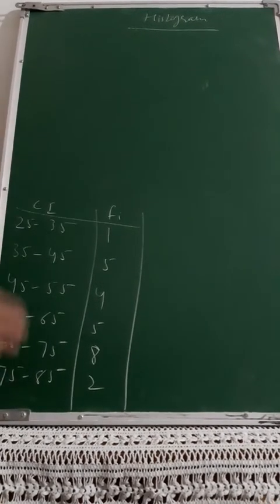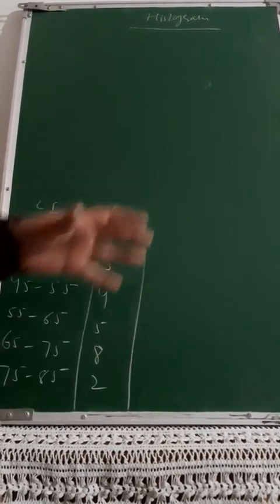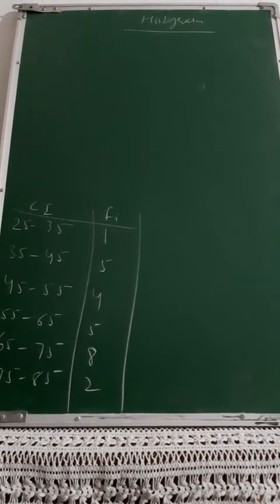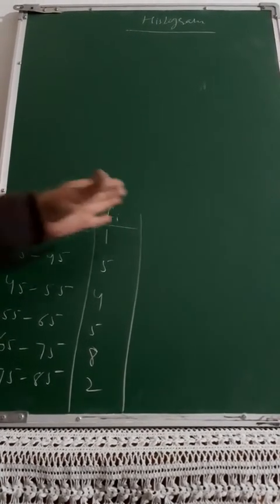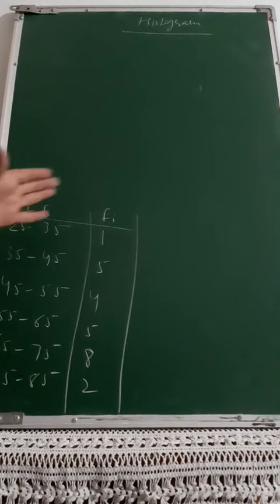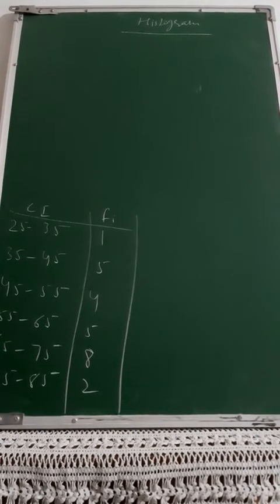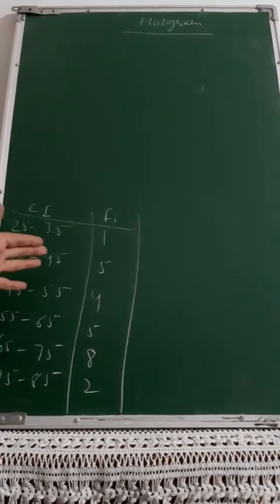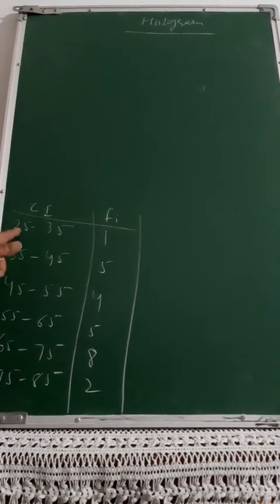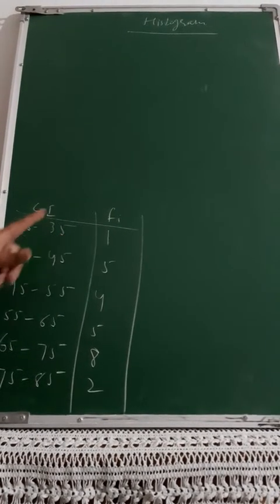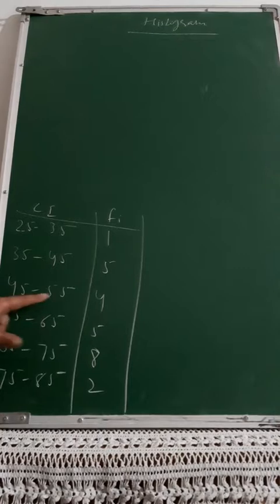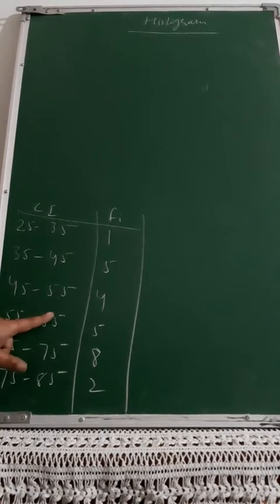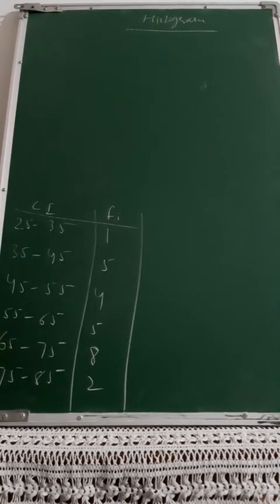Sometimes it is straightaway given: draw the histogram for the following data, and the information will be given accordingly. Suppose here I am talking about the height of plants in centimeters. So it is mentioned 25 to 35, 35 to 45, 45 to 55, 55 to 65, and so on, up to 75 to 85.